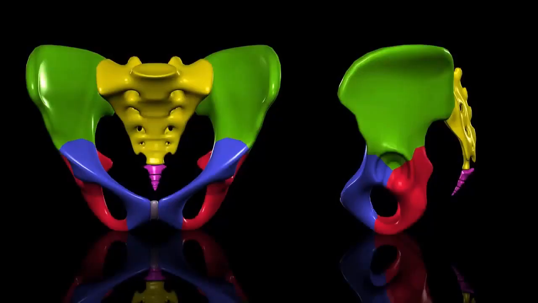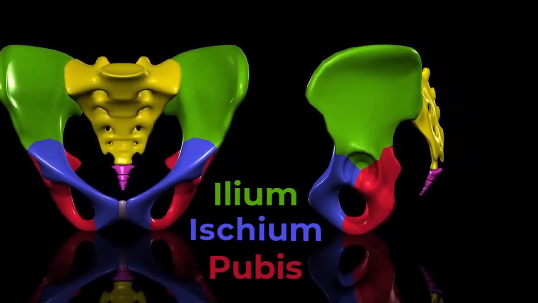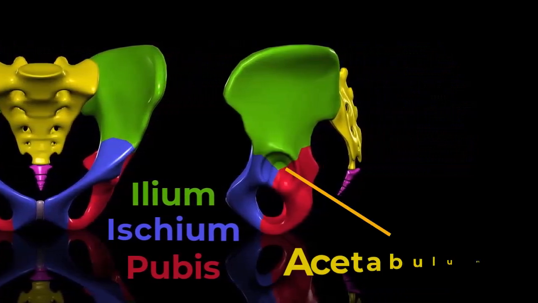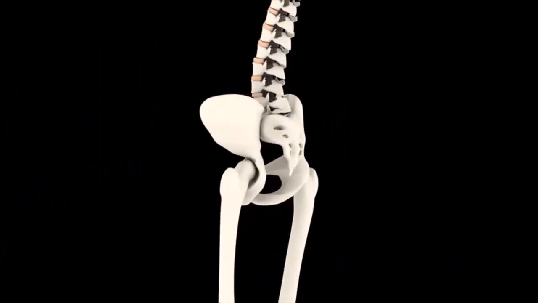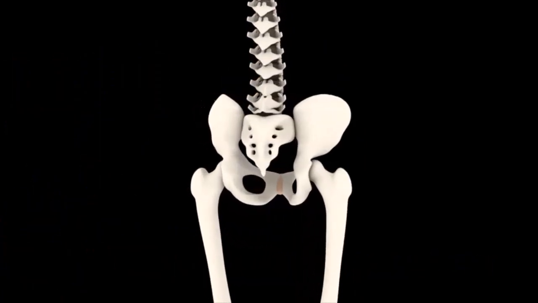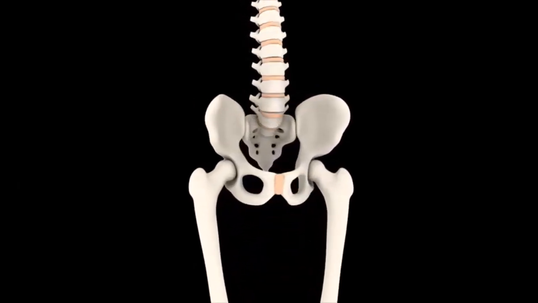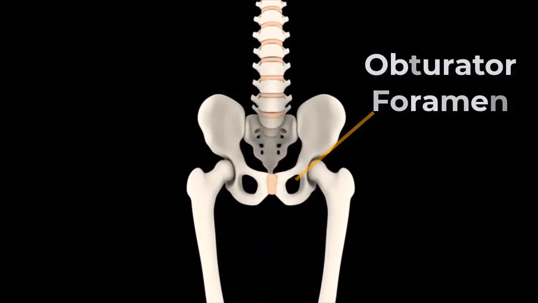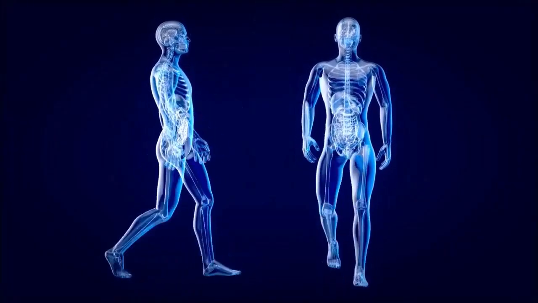The 3 areas of each hip bone, the ilium, the pubis, and the ischium, converge centrally, forming a deep cup-shaped cavity called the acetabulum. This is located on the lateral side of the hip bone and is part of the hip joint. The large opening in the antero-inferior hip bone between the ischium and pubis is the obturator foramen. Several ligaments unite the bones of the pelvis.